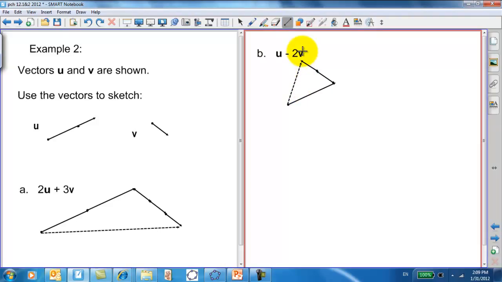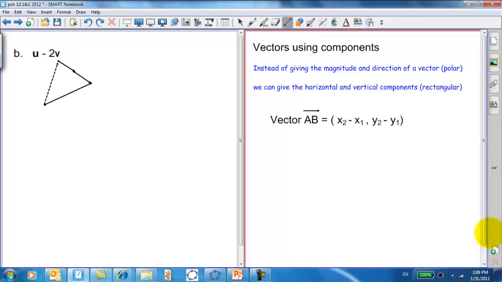Okay. All right. Now, using components is going to be a lot easier than doing all this sketching and so forth. So the idea of vector AB comes from the displacement between two points, and we saw that right away when we did the GeoGebra stuff.